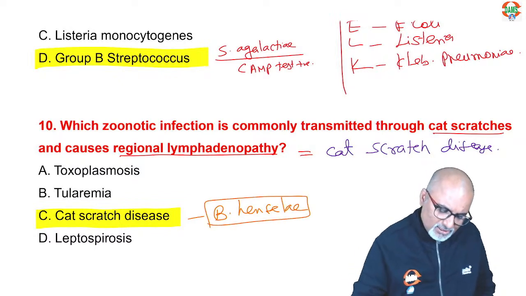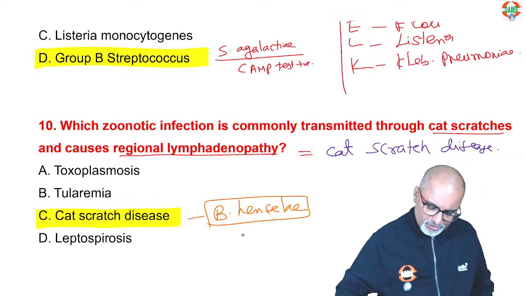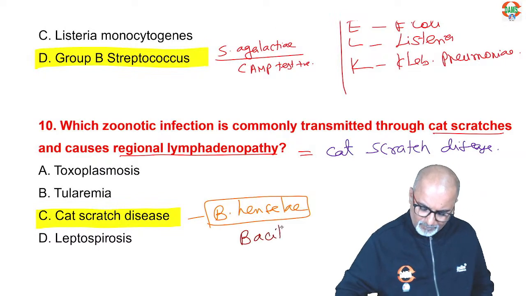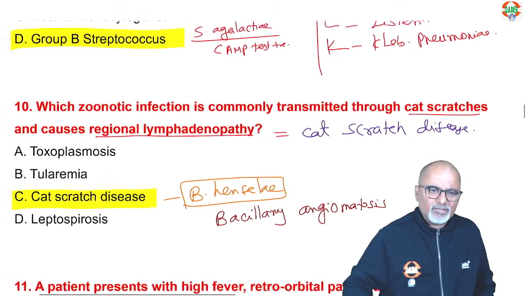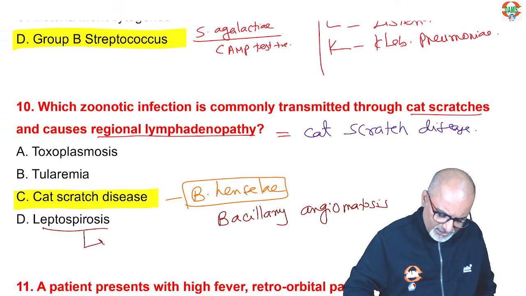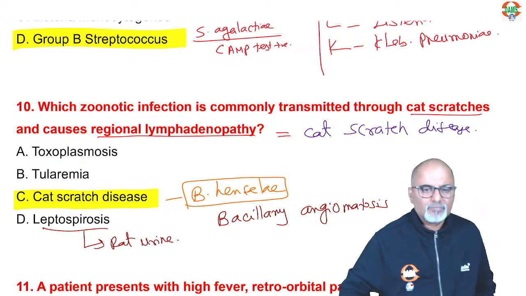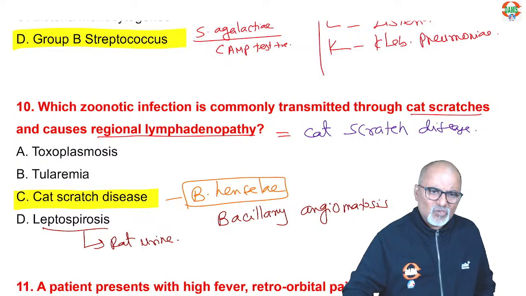It also causes bacillary angiomatosis. Leptospira is by rat urine, penetrating the skin.